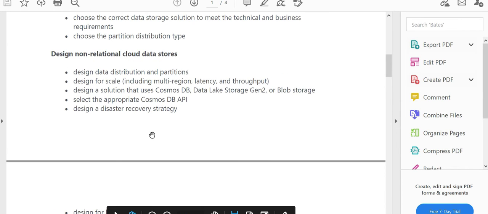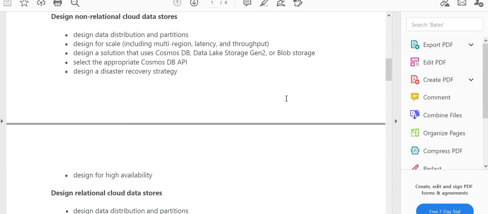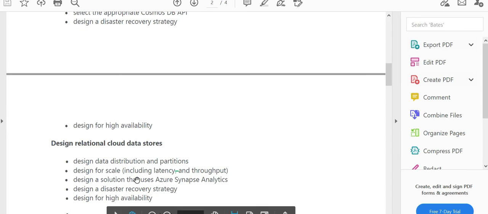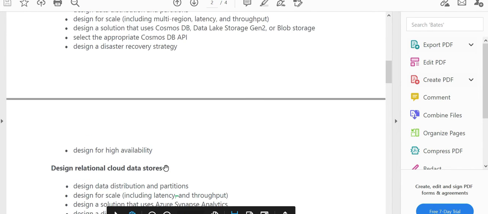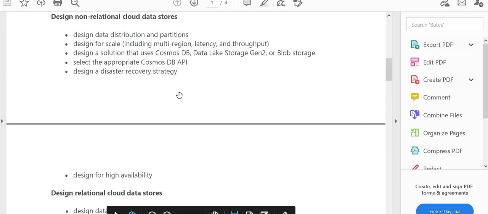Under non-relational cloud data stores, you see tools like Cosmos DB, Data Lake Storage, and Blob Storage, and under relational, you will see tools like Azure Synapse Analytics, and you will also see some portion of SQL as well. So, what are the key elements? Design for high availability, designing for disaster recovery strategy, data distribution and partitions. This is what you mostly see, and design for scale.